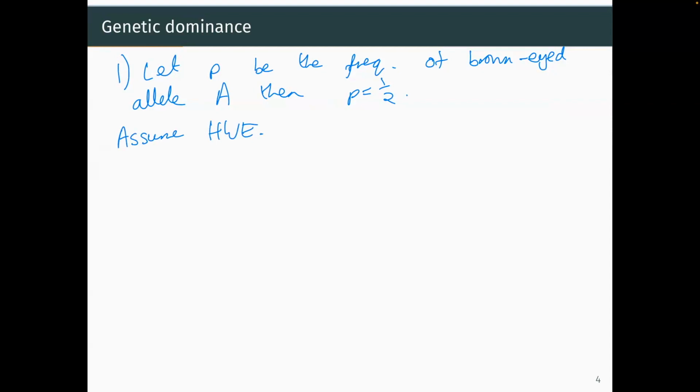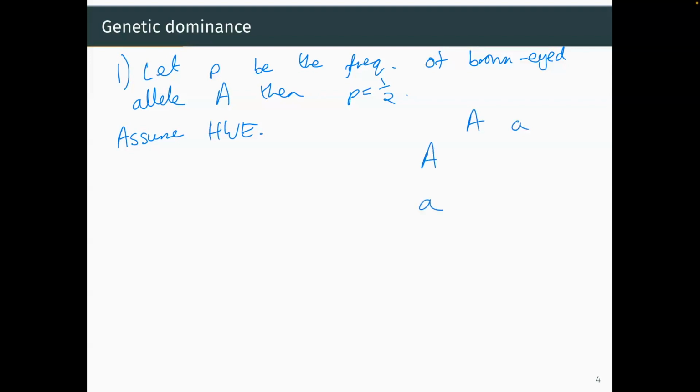So, for question one, we have an equal proportion of each allele. When we're passing the genes on, we have the two possible genes from each parent, right?